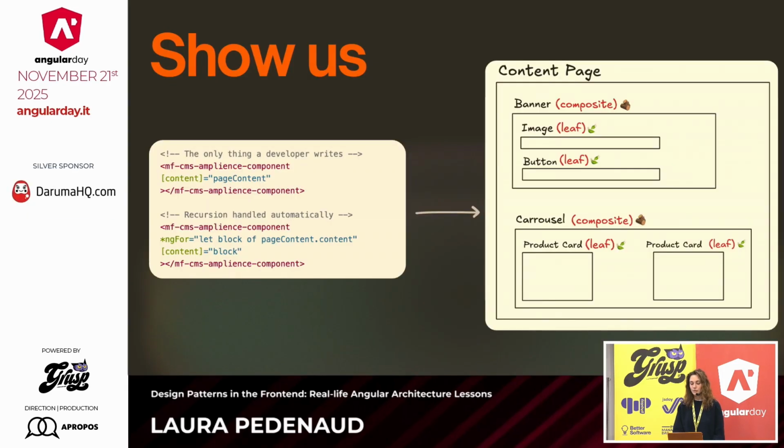So if I had to show you how it is with the composite pattern, well, we just have this HTML that renders any content page. So the only thing the developers have to write is this little piece of HTML, and then with our architectural implementation, it can render every content page.